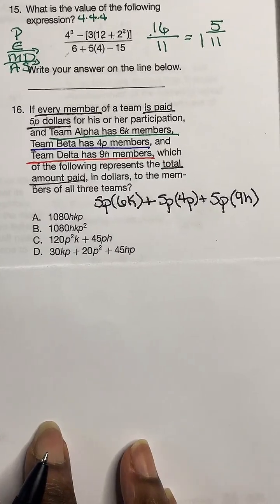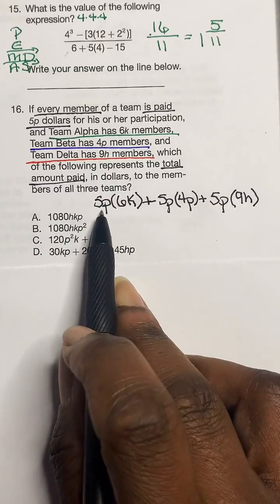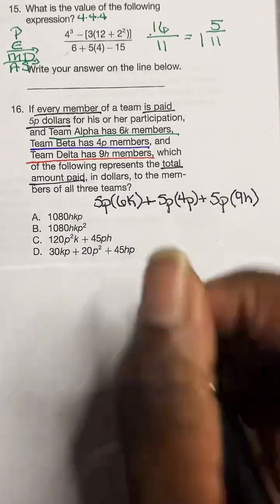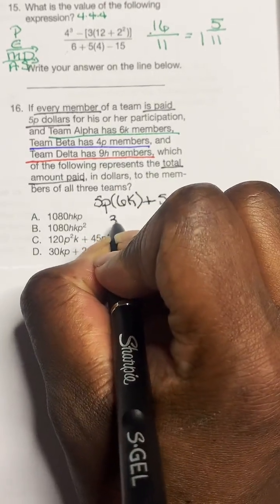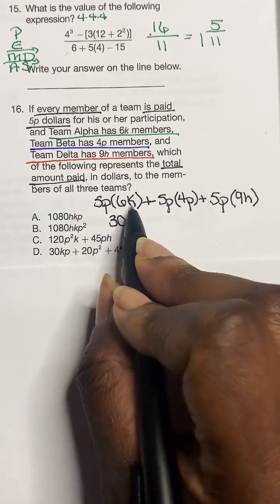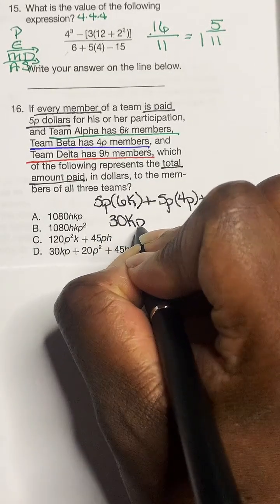So now, when we multiply 5p and 6k, 5 times 6 gives me 30. And the variables, when they're unlike, you could just put them alphabetical. So k comes before p.